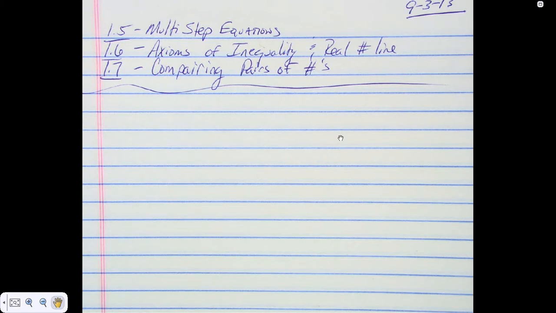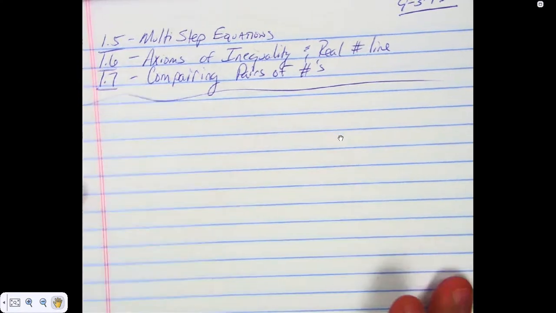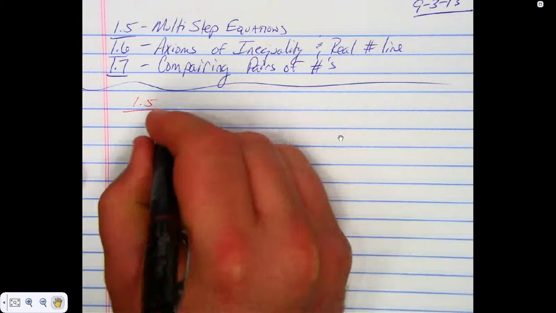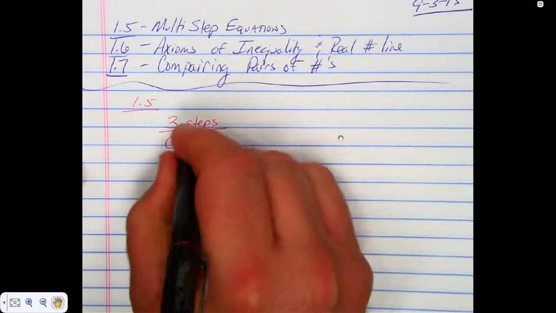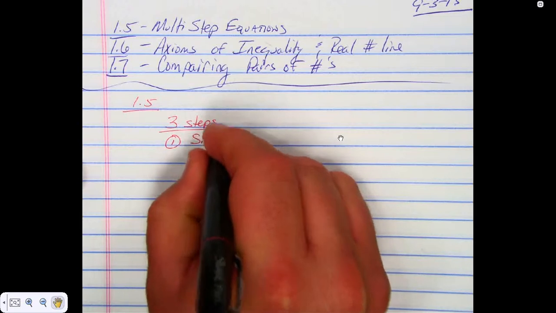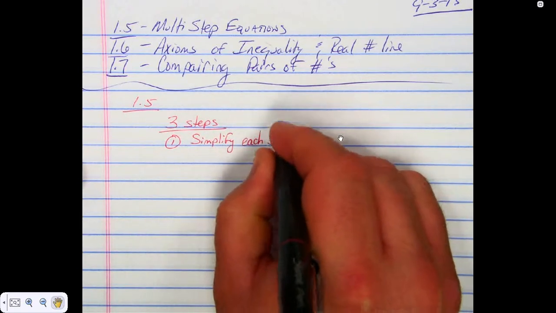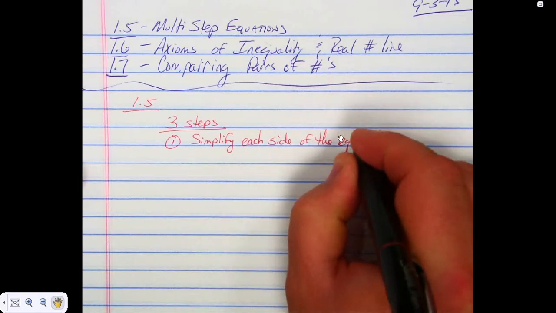When solving a multi-step equation, I'm sure all of you have heard different versions of rules on how to do that. But basically what I always taught was you had 3 steps. One, you simplify each side of the equation.